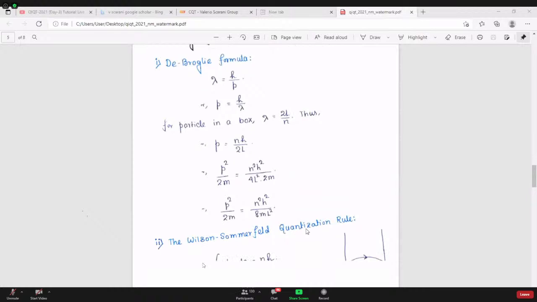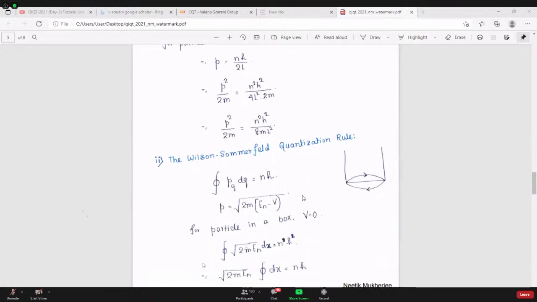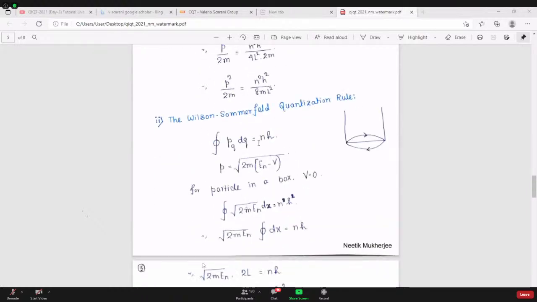Now another way is the Wilson-Sommerfeld quantization rule. This rule says that the area of your phase space, where P is your momentum and Q is your space, the cyclic integral of the phase space area, is quantized.